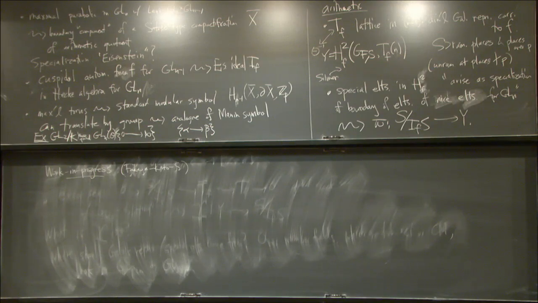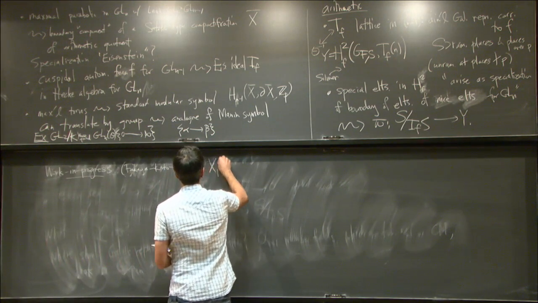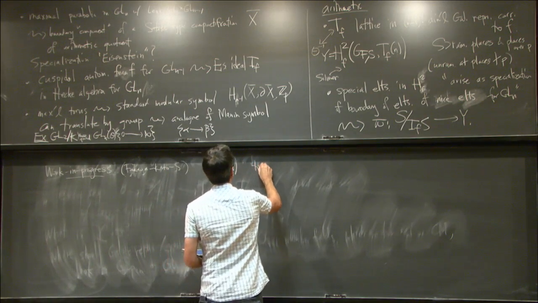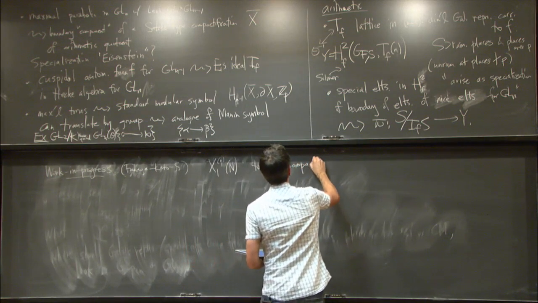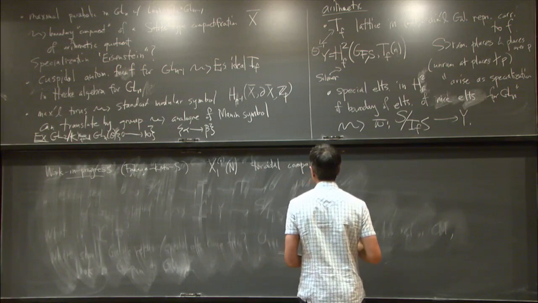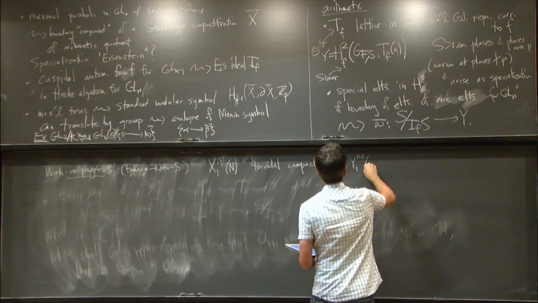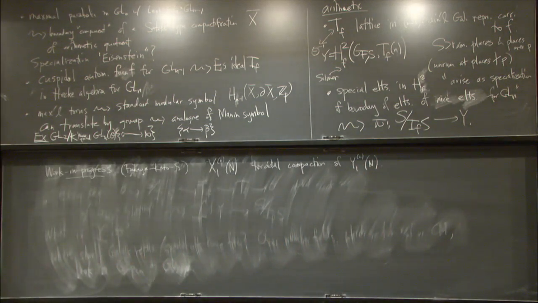Okay. So the idea is to construct a toroidal compactification, or actually many toroidal compactifications, of Y1 of n. And the hope is this should be dependent on some cone decomposition. Let me pretend there's just one.